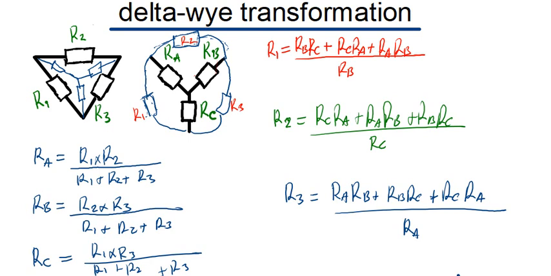It's not every time that the question will specify to do the delta to Y transformation, so that you perhaps find the source current. Sometimes you just have to reason on your own when you look at the circuit, because the delta to Y transformation is for the sole purpose of making the circuit much simpler to work with, compared to when it appears complicated.